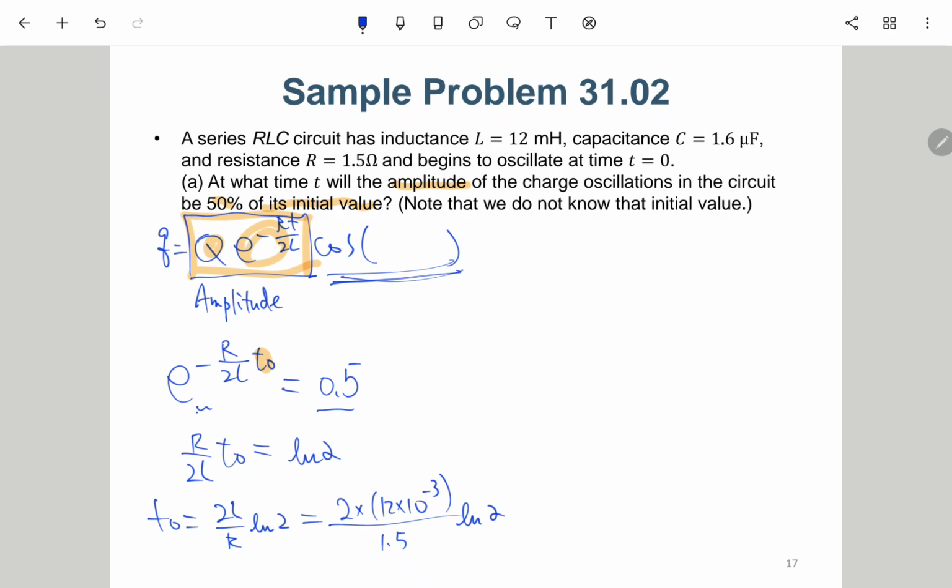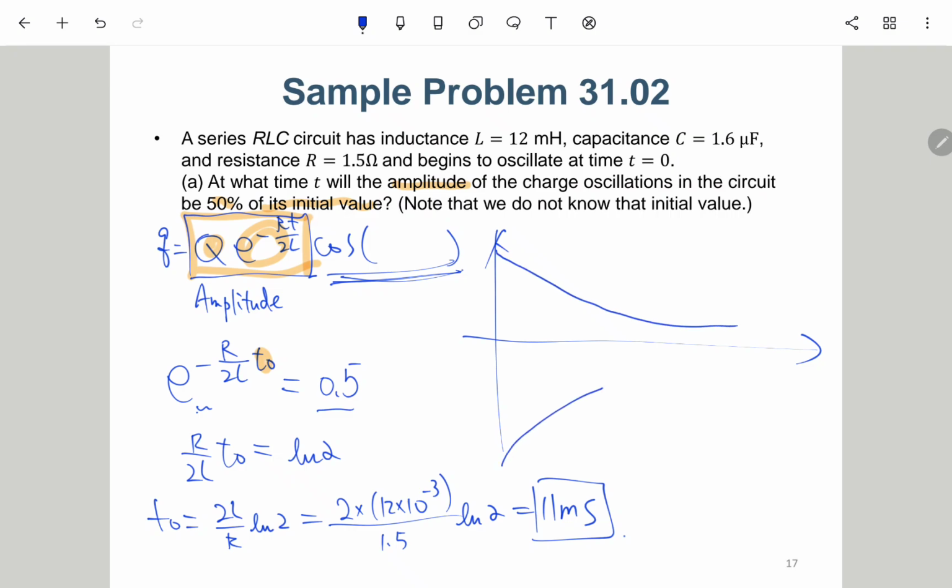So this is nothing but 11 millisecond. In that case, the oscillation is something like this. This one will be exponential to negative RT over 2L.